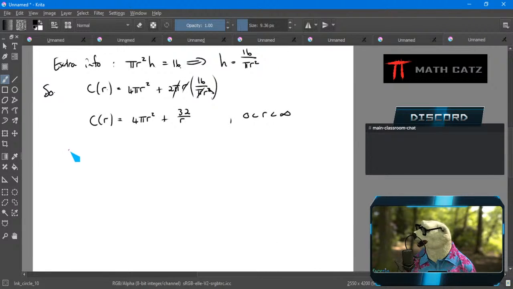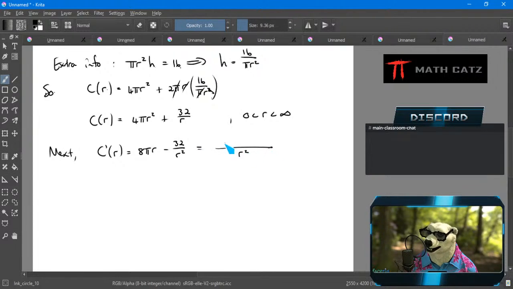I'm hoping that there are critical points. Next, we want to take the derivative, which is quite straightforward, I would hope, at this stage for you. This is, again, r to the negative 1, so it'll be negative 32 r squared at the bottom. Now, it's maybe not the worst idea to put this together now over an r squared.